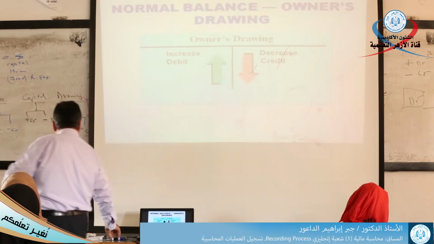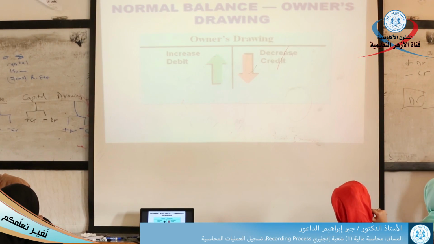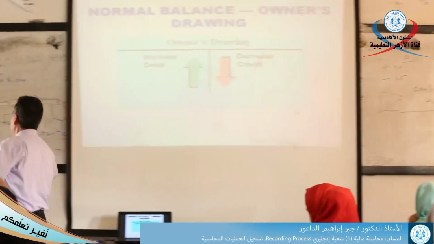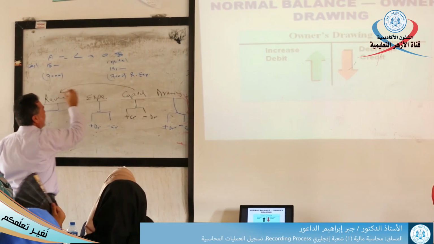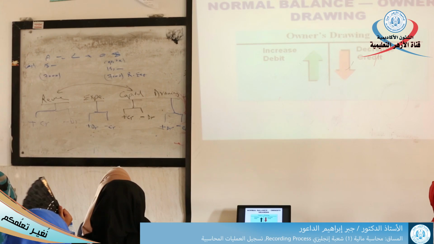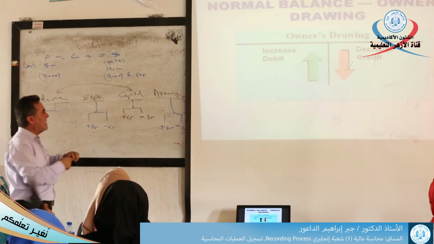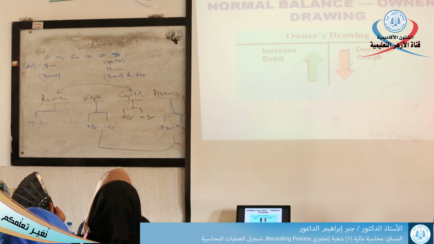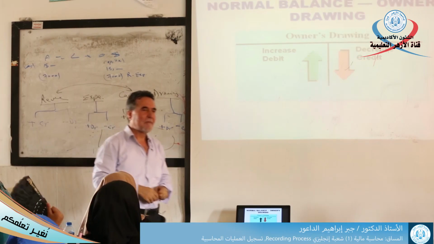Liabilities, as I said, increase CR, decrease DR. Owner's equity: revenue and capital, the same, increased CR, decreased DR. Whereas expenses and the drawing, the same: increased DR, decreased CR. Okay?